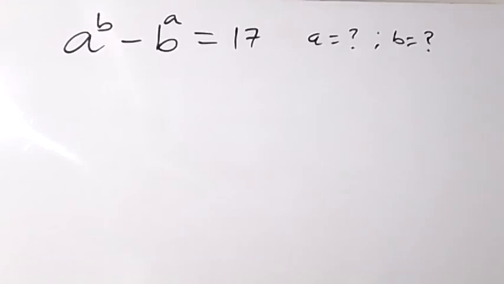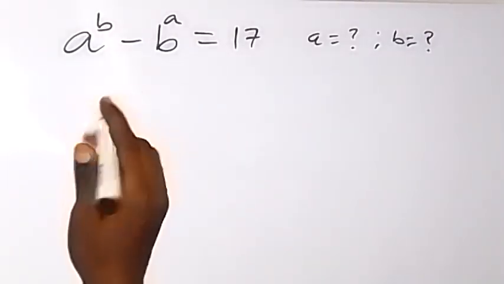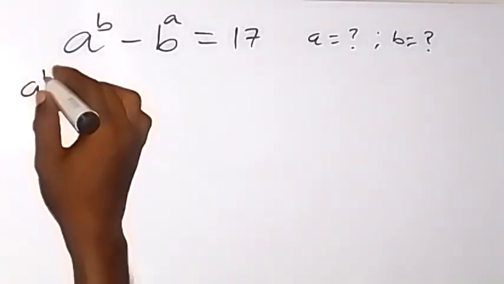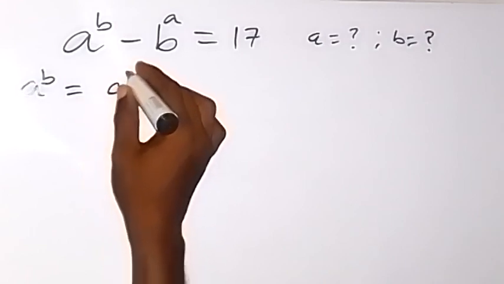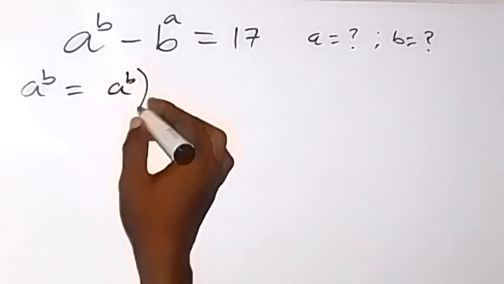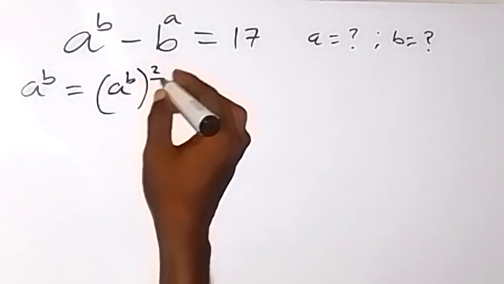Here we want to solve this problem and we are finding the value of a and b, given that a raised to power b minus b raised to power a equals 17. So from here I can write a raised to power b as a raised to power b, then all raised to power 2 over 2.